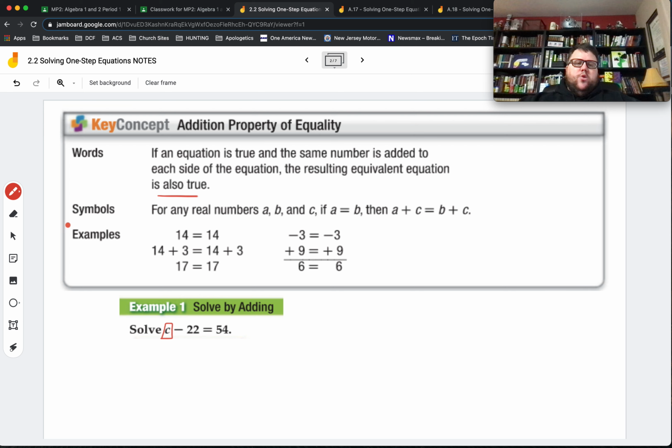Instead of subtract 22, I'm going to do the opposite, which is add 22. If I add 22 to both sides, negative 22 plus 22 is 0, so they cancel out, and I get C equals 54 plus 22, which is 76. So C equals 76. And that's my answer.